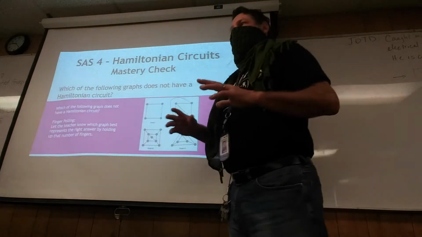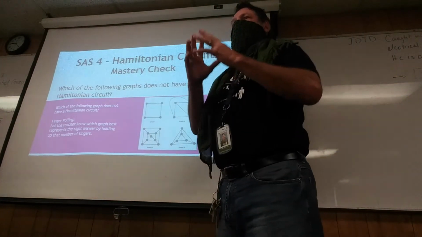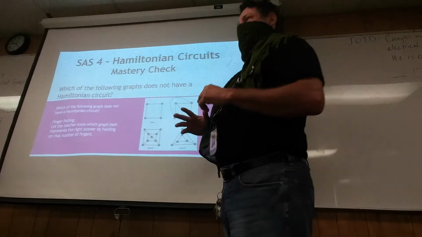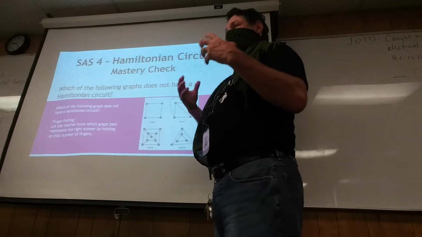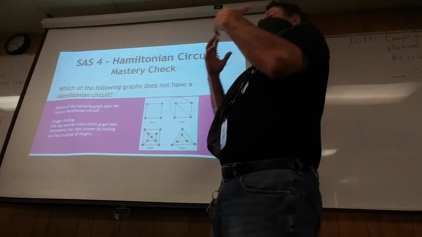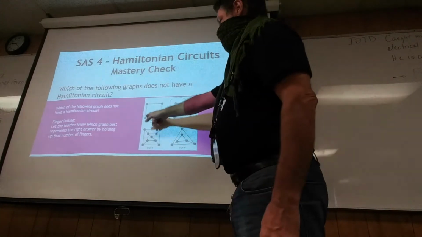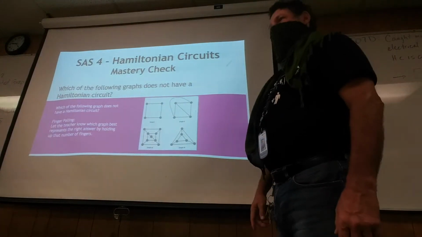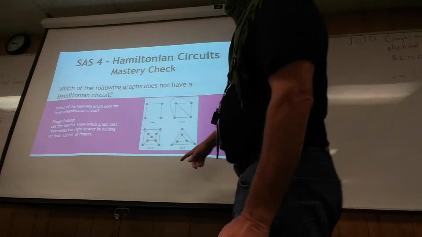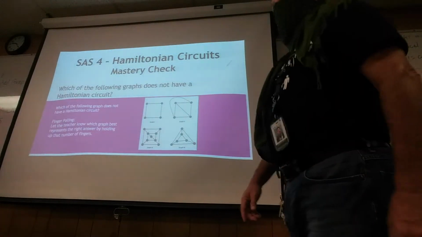The key here is, remember, in Euler you have to touch every edge, which means you can go through vertices as many times as you want. But in this one, you only touch each vertex exactly once, which means you don't have to touch every edge. So the same path you took for graph 1, you can take for graph 2 and touch every vertex. Can you do it in graph 3?